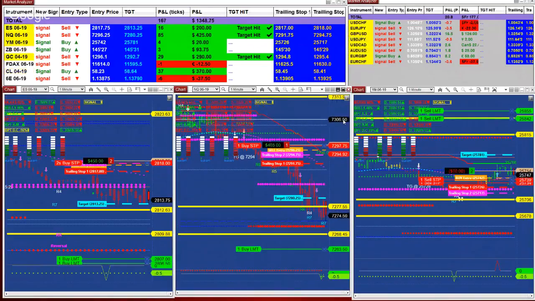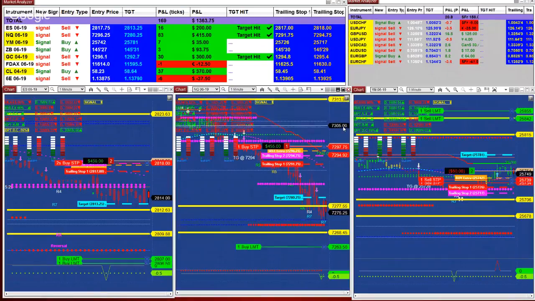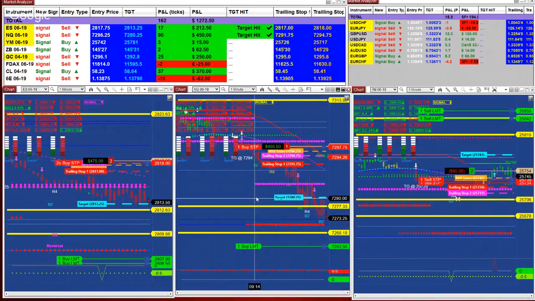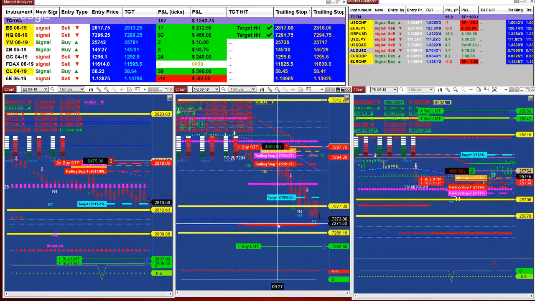The reason I like using the ATM is that sometimes you will have a little extension to the trend, and now we are struggling on the Nasdaq at 72.71, and this is where you really need to start closing positions, because this area is a heavy support line, and probably the market is not going to break that area.